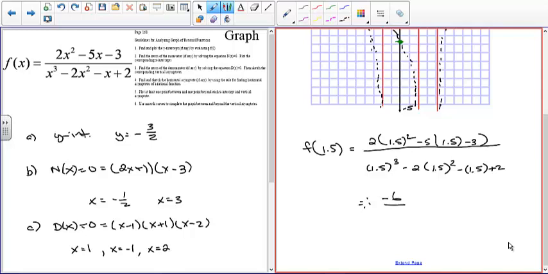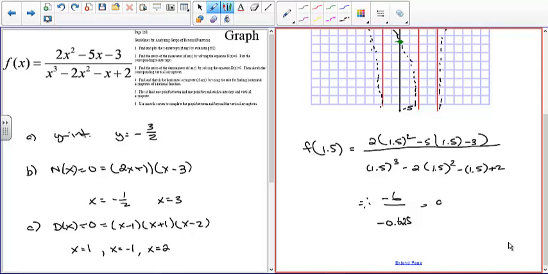And hopefully I get a negative number in the denominator too, and that'll give me a positive result. So I get negative 0.625. So negative 6 divided by negative 0.625 is 9.6.